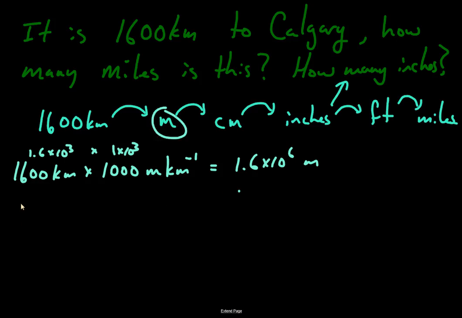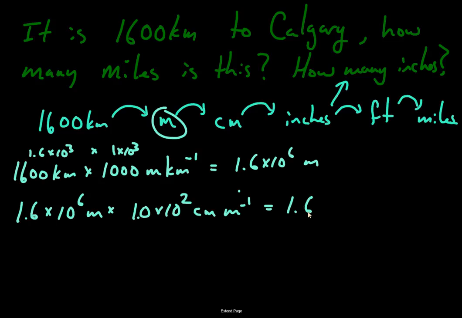I'm going to take that. And by the way, you can do this all in one line, but I like to separate it out just to keep track. So 1.6 times 10 to the 6 meters. And I know that there's 100 centimeters, or 1 times 10 to the 2 centimeters for every meter. So now I have 1.6 times 10 to the 8 centimeters. So I get to there.